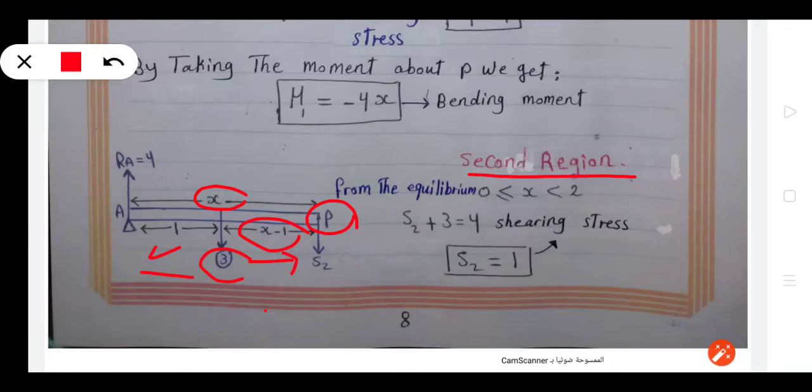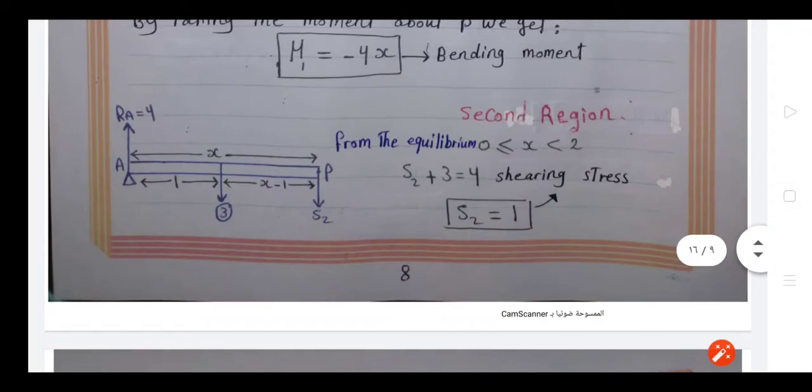We study two steps. First, the equilibrium for this part: S2 plus 3 equals 4, so S2 equals 1.